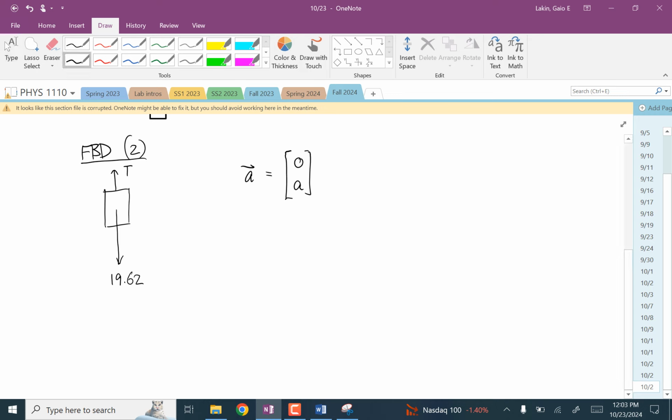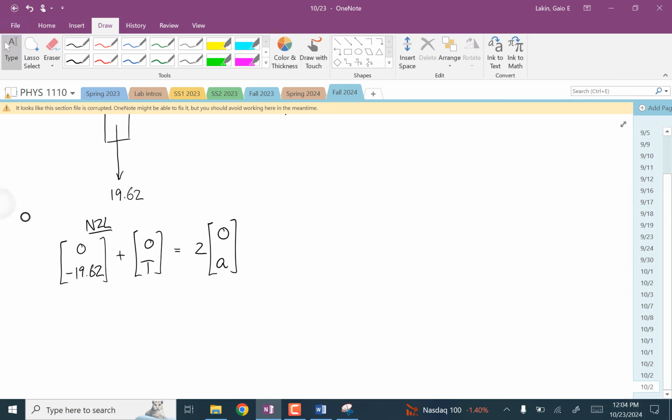Okay, so now we'll go to Newton's second law. We have 0, negative 19.62 plus 0, T. Those are the only two forces, and this is equal to the mass times what we decided to call the acceleration, 0, a.